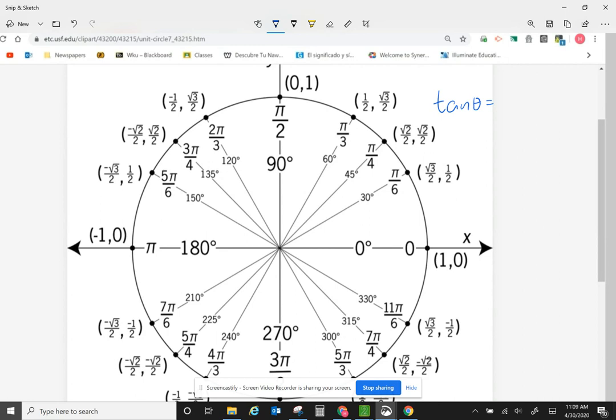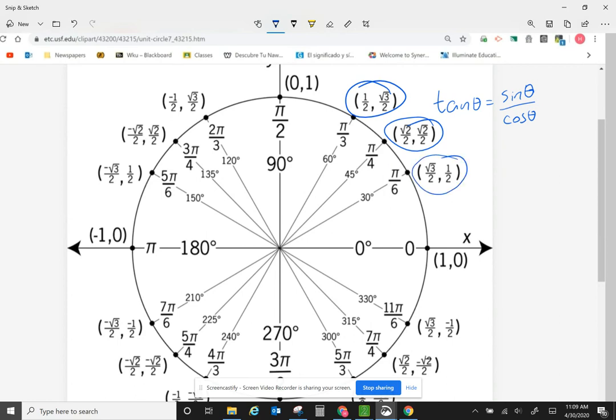One thing I want you guys to remember is tangent is the same thing as sine divided by cosine. Now, real quick, notice I'm going to be dividing my x and my y values. Remember, x is cosine, y is sine. I'm going to be dividing y divided by x.